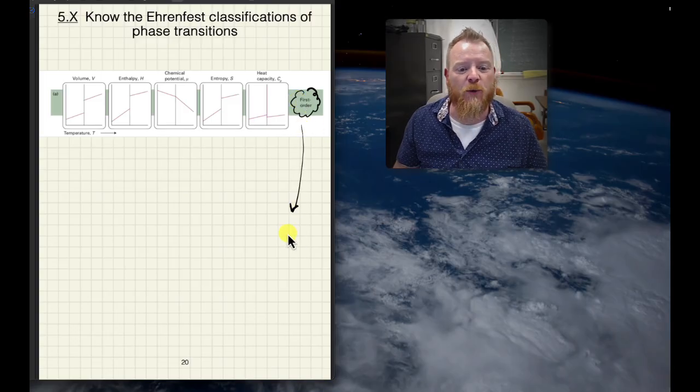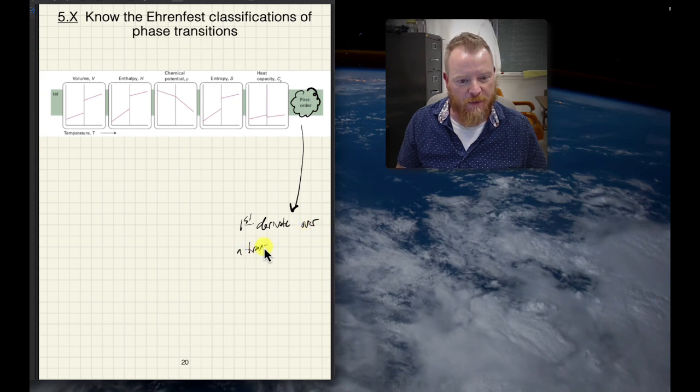So a first order phase transition means the first derivative over a transition is discontinuous. Okay?